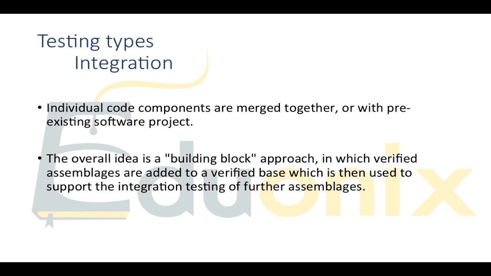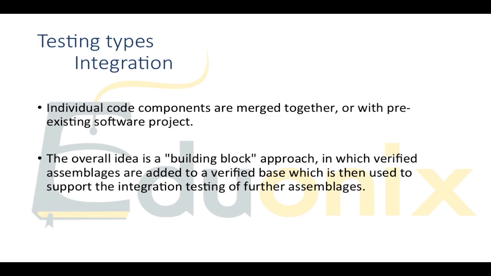This is sometimes abbreviated as INT. It's the phase in software testing in which individual software modules are combined and tested as a group. Modules could be a particular unit, so multiple units together to be tested in a group. It occurs after unit testing, but before validation testing. Integration testing takes as its input modules that have been unit tested, groups them in larger aggregates.